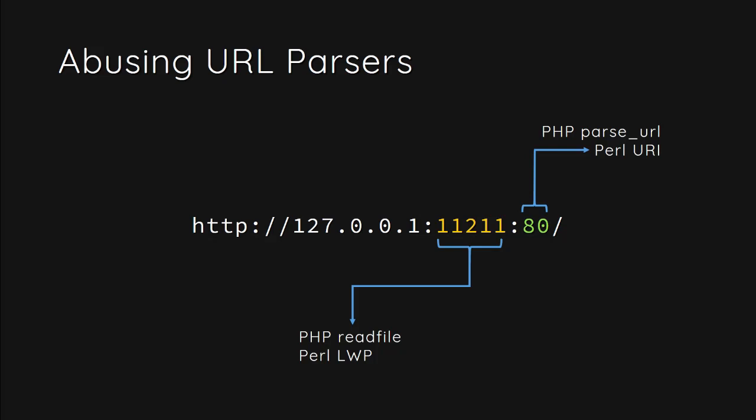For this URL, the PHP function parse_url recognizes 80 as the port number. But actually, PHP's file_get_contents fetches port 11211. Both parse_url and file_get_contents are built-in functions in PHP, but their behaviors are very distinct. So we can use this inconsistency to bypass the check.